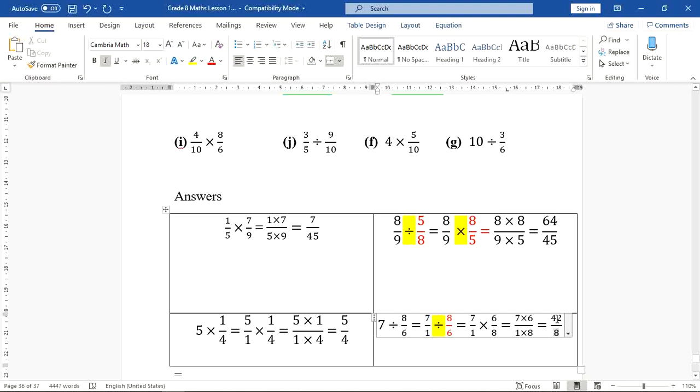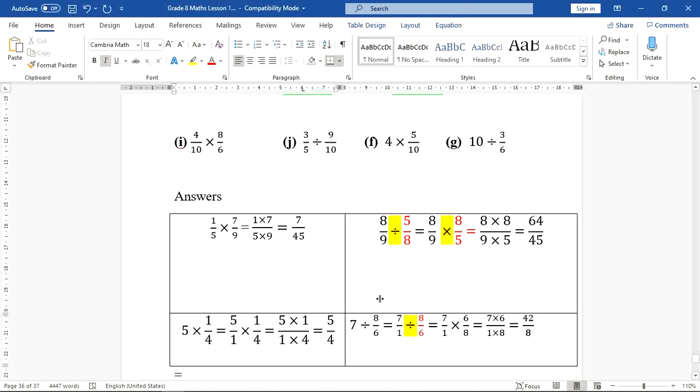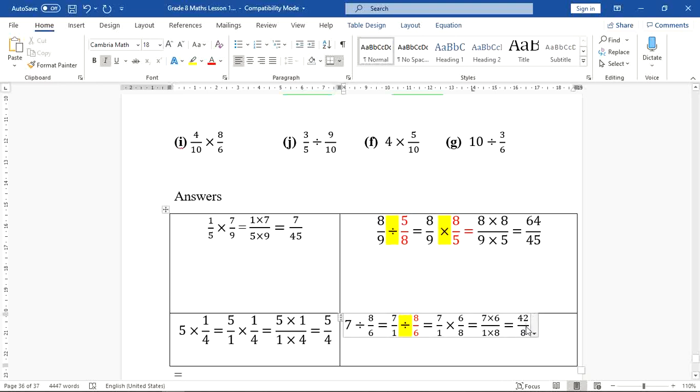Is that simplest form? I think 2 can go into 42, and also 2 can go into 8. So 2 is the highest common factor of 42 and 8.